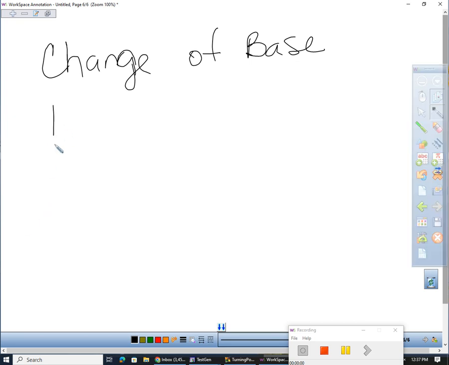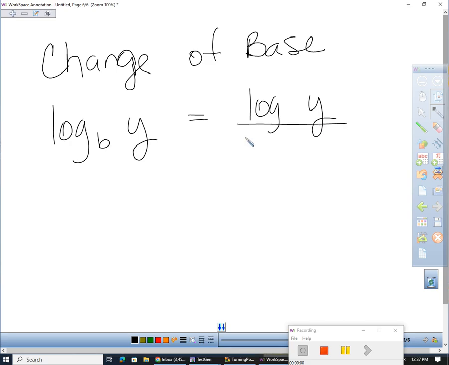If I have the log base b of y, I can actually rewrite this as log base 10, so I don't have to write anything, of y divided by log base 10 of b. This is called the change of base theorem.